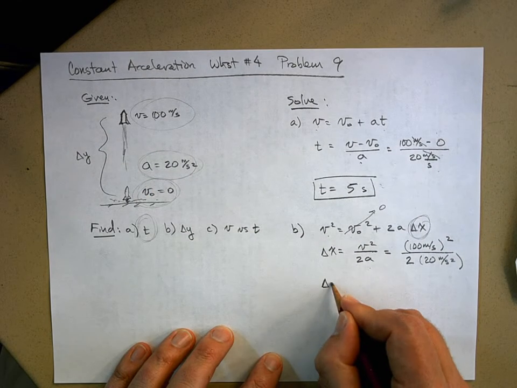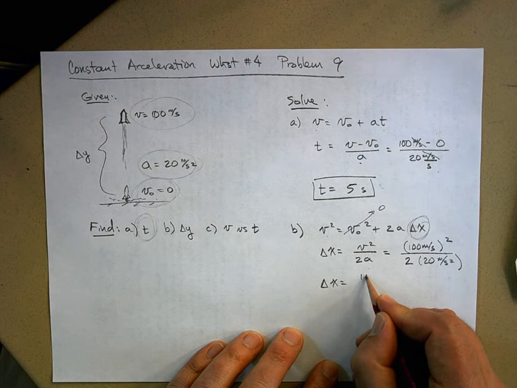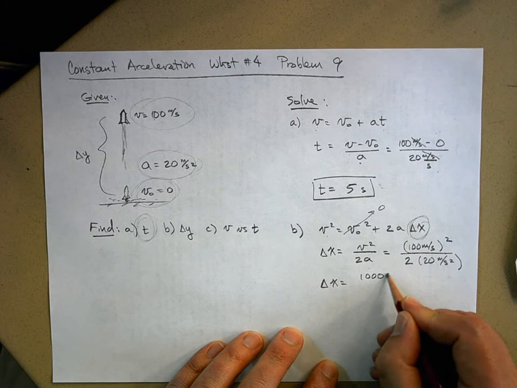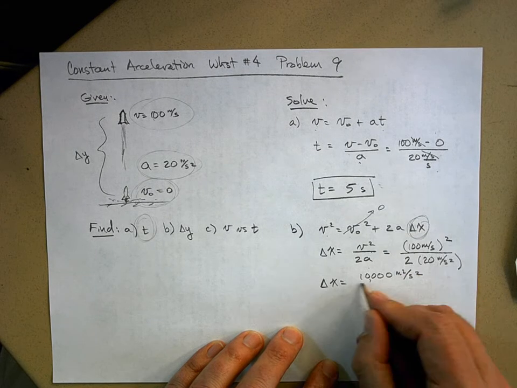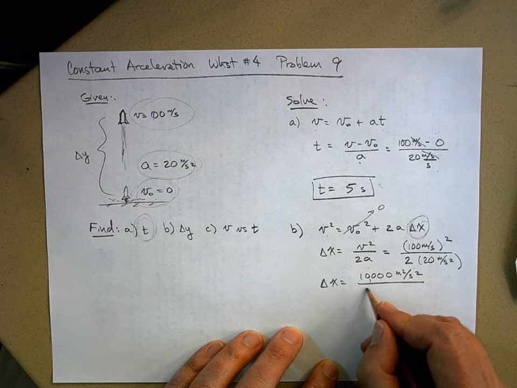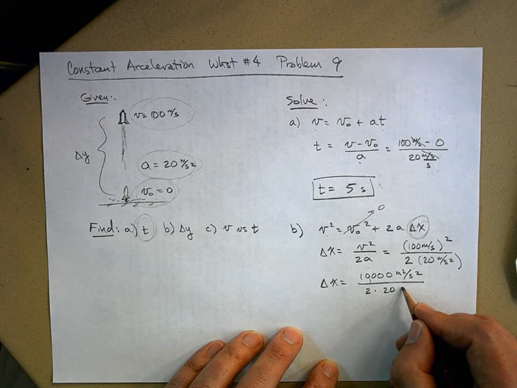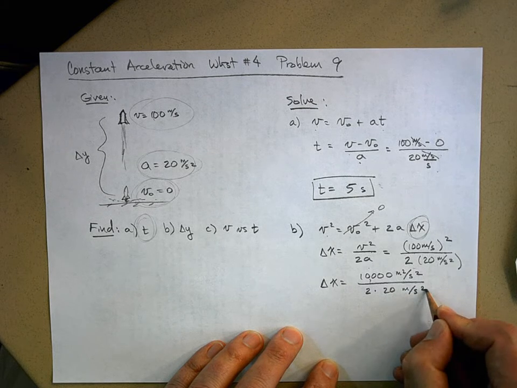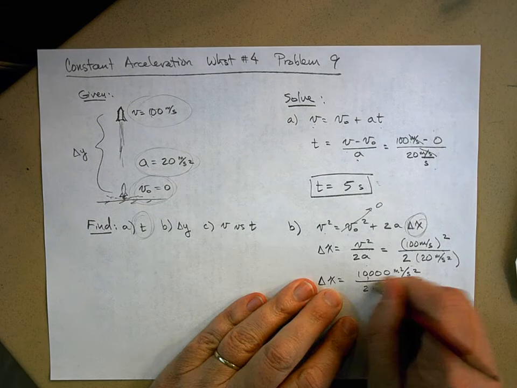Delta x equals, well, 100 squared is 10,000 meters squared per second squared, divided by 2 times 20 meters per second squared. I'll just make this 40.